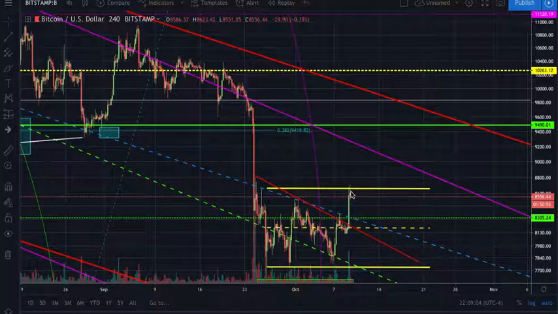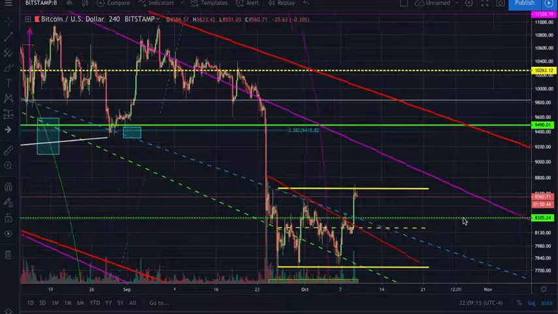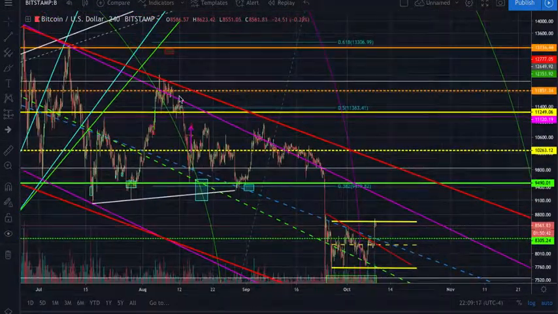So what we expect to happen here is either consolidation and then further move to the upside, or a violent sell-off back down to the heart line or breakout point, and then just further fill out this triangle. But the real pattern here is just the larger version of the descending triangle, further filling out.